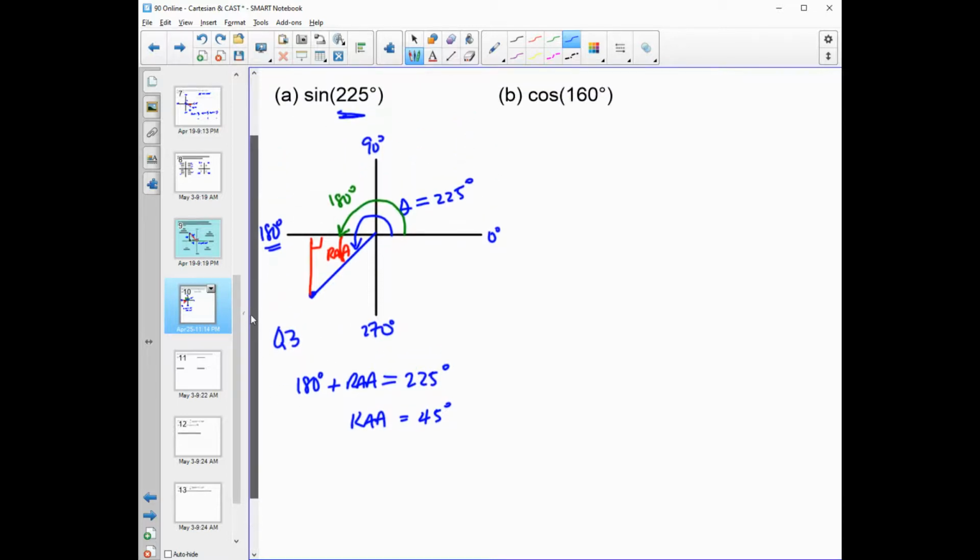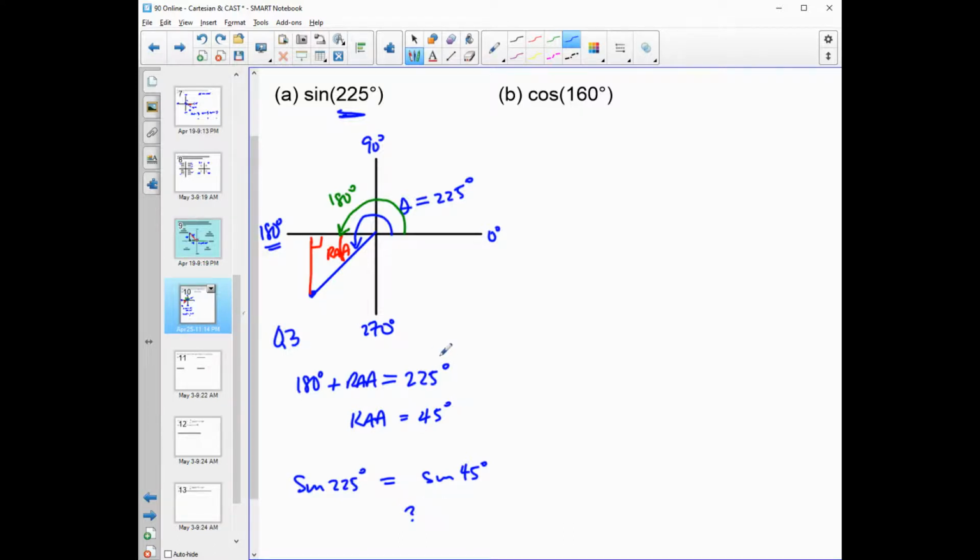So that's part one. Okay, I've got the RAA. So that means that the sine of 225 degrees must have something to do with the sine of 45 degrees numerically. The only thing I don't know is, is it going to be positive or negative?